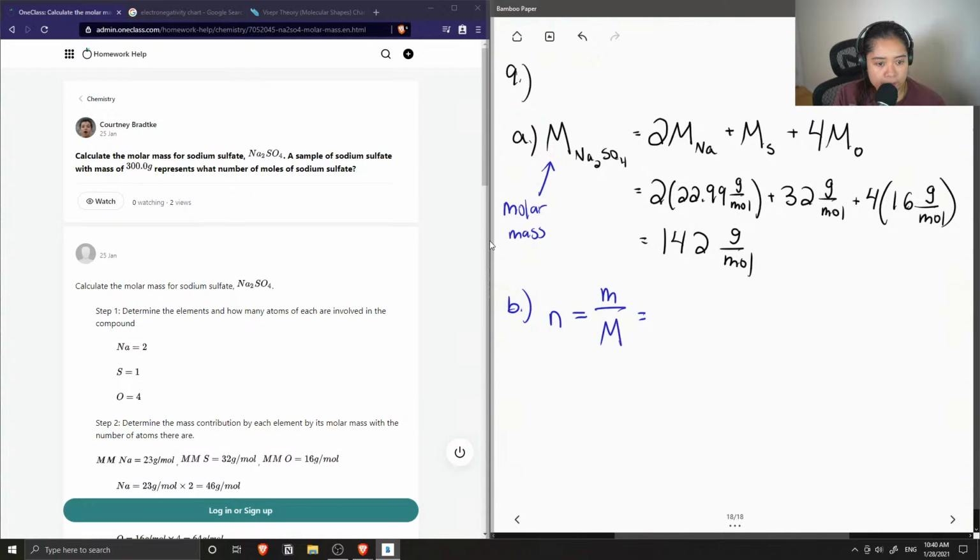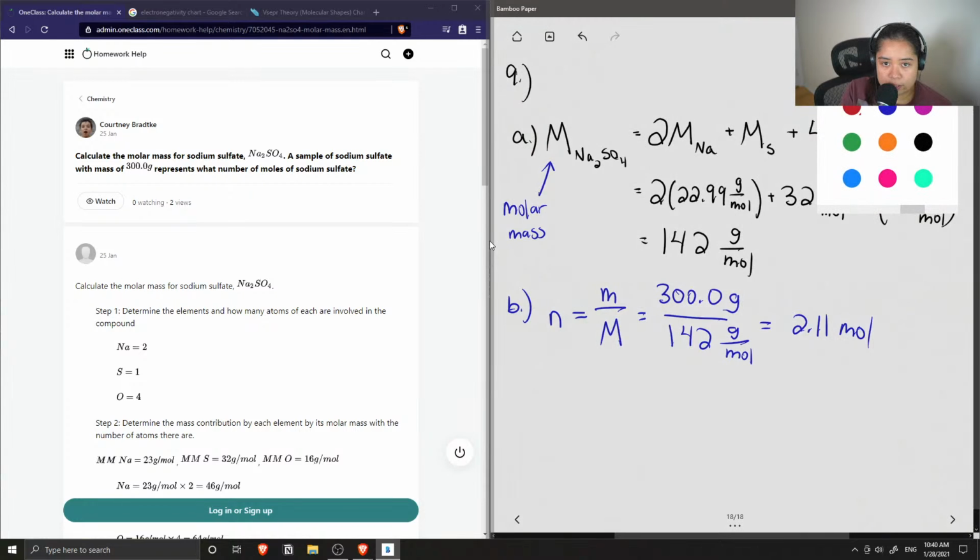So the mass was 300 grams, and we calculated the molar mass in the previous step to be around 142 grams per mole. So 300 divided by 142 gives us 2.11 moles.